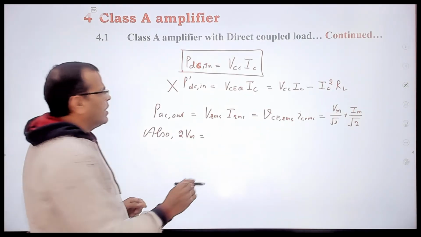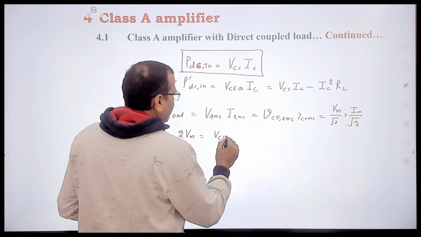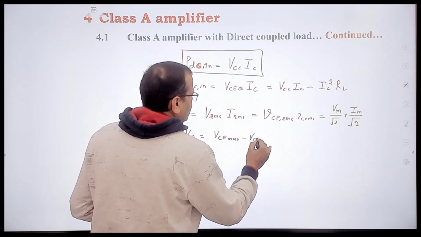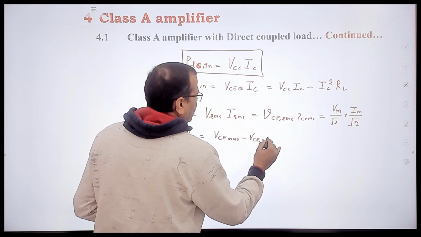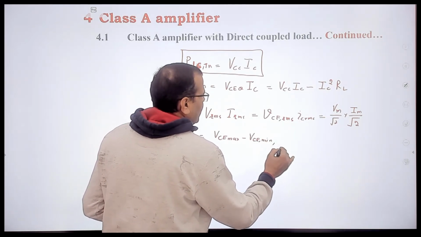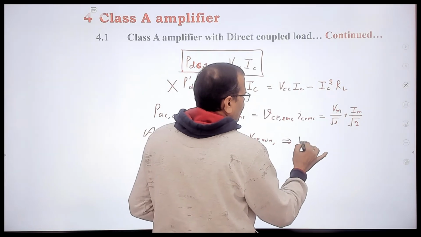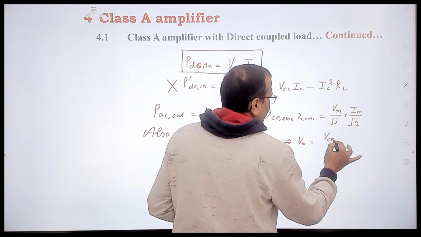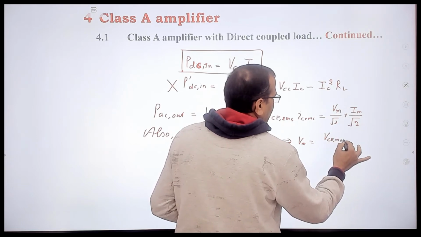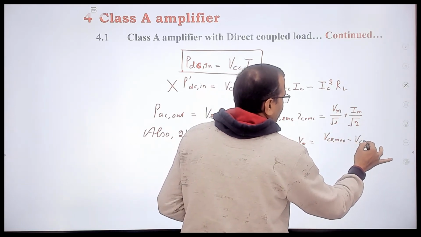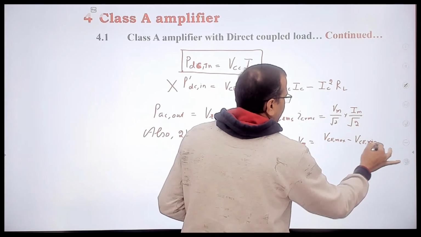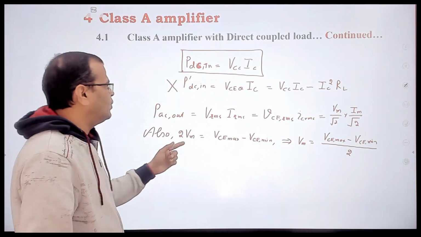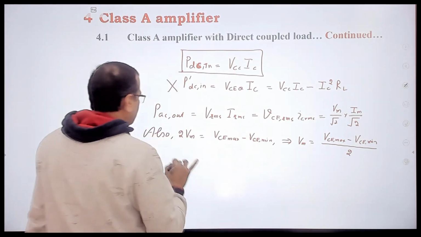So I can write from here Vm is equal to Vce max minus Vce min, divided by 2. Why 2? Because the 2 can be taken on this side.